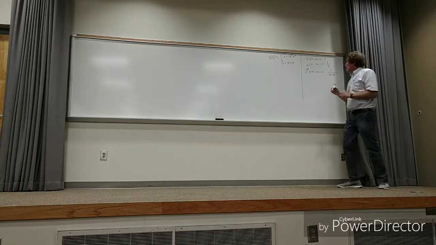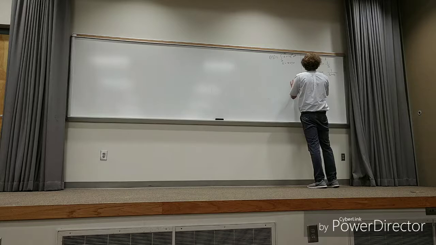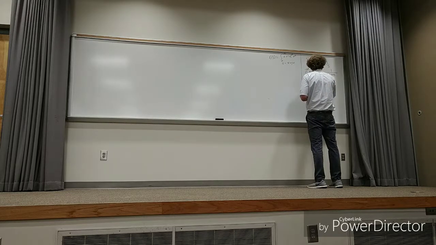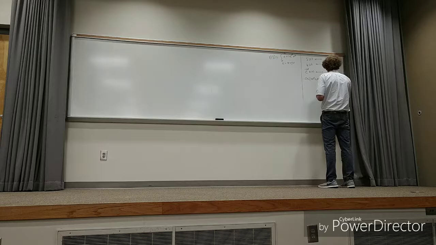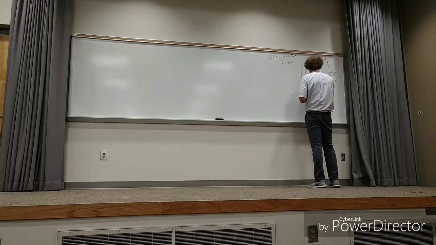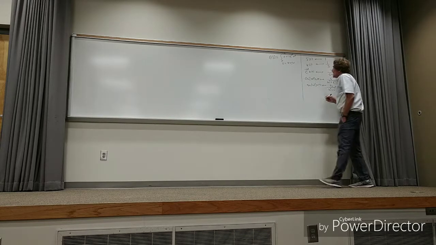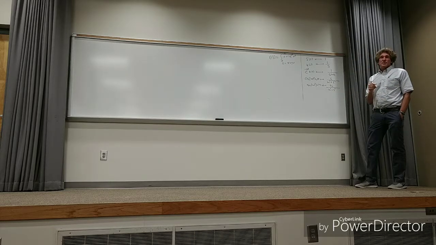With me, class? After that, we also did the cosine of omega naught t times u of t. That was equal to s over omega naught squared plus s squared. And we did the sine of omega naught t times u of t, and that went to omega naught over omega naught squared plus s squared. And really, that's about the pairings you need.